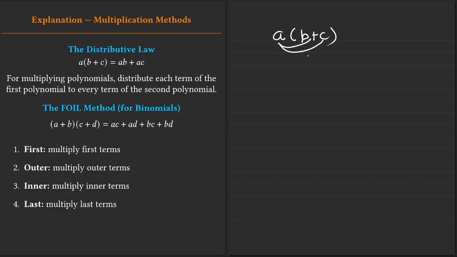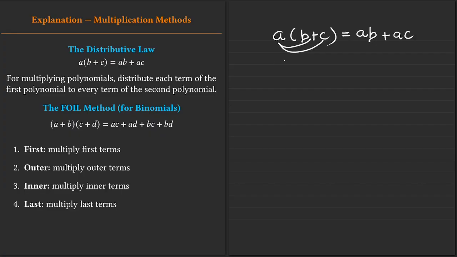That is what we mean by distribute. So distribute it to each term you have in the bracket. So a multiplies b to give us ab, and then a also multiplies c to give us what? An ac. This is all we are talking about, and it is as simple as you see.